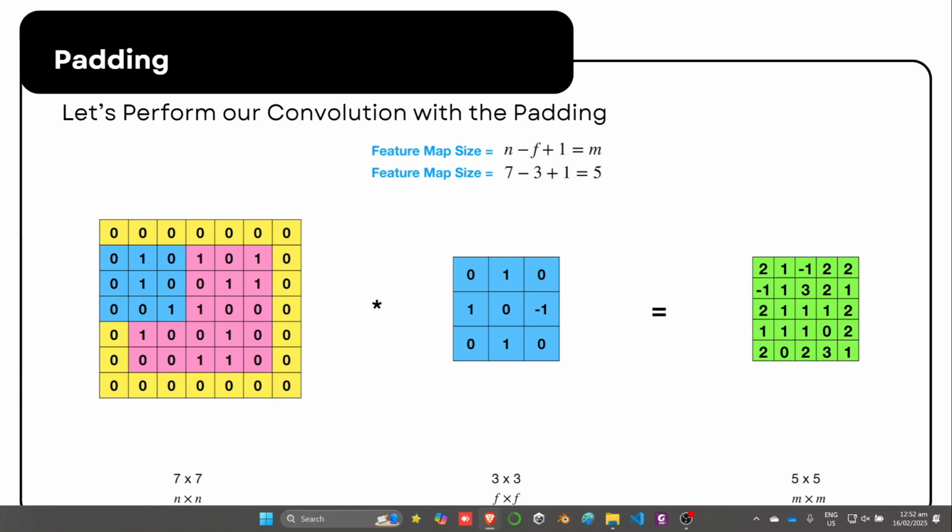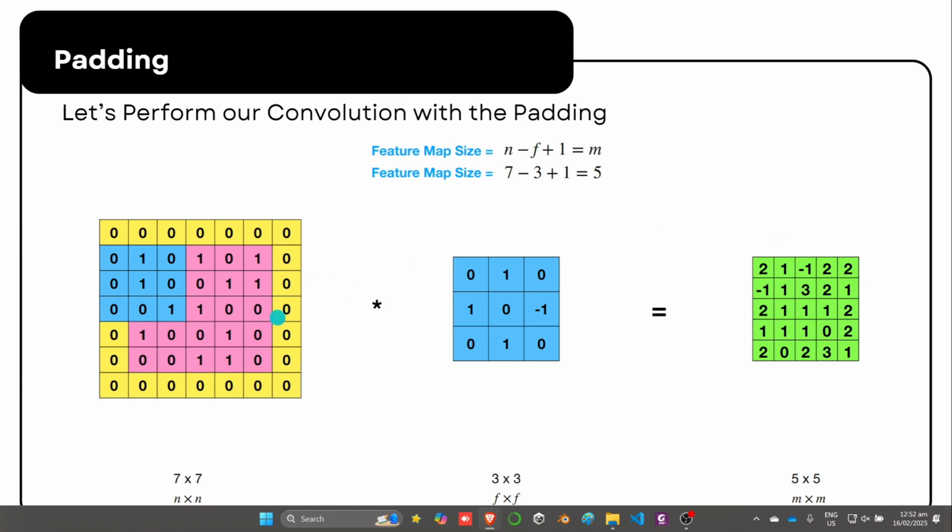Okay, so let's stop here. Let's say this is the output from the convolutional operations we performed here. We are going to produce a feature map size that is now 5 by 5. Now, what else was 5 by 5?